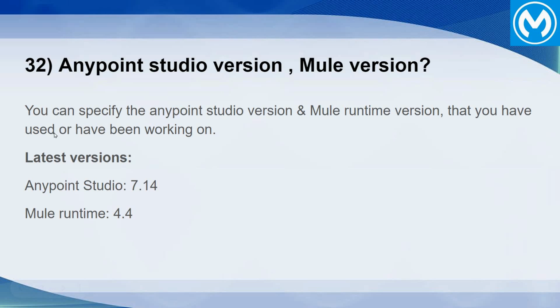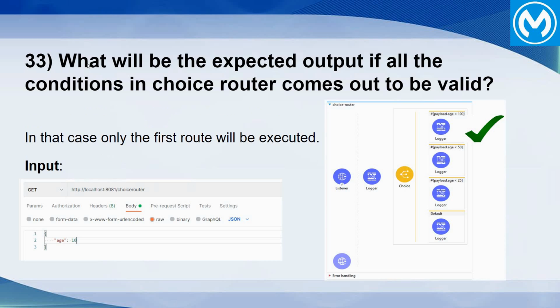If they ask you the latest versions, you have to mention that the recent version of Anypoint Studio is 7.14 and Mule runtime is 4.4. By the time I'm creating this video, these are the latest. By the time you go for the interview, you need to understand what the recent Anypoint Studio version and Mule runtime version are, and that is what you have to convey to the interviewer. Okay, so let's go ahead with the next question.